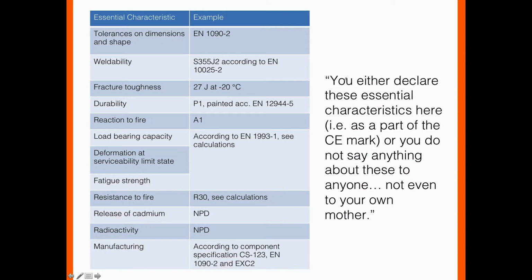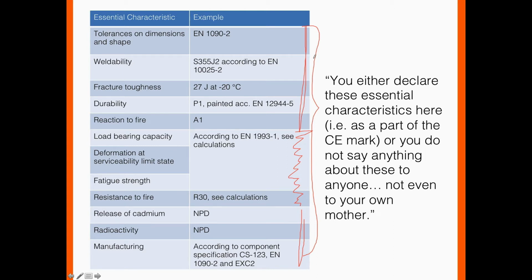Here we have the structural steel products' essential characteristics as defined in the harmonised standard EN 1090 Annex ZA: tolerances on dimensions and shape, weldability, fracture toughness, durability, reaction to fire, load-bearing capacity, deformation at serviceability limit state, fatigue strength, resistance to fire, release of cadmium, radioactivity, manufacturing. If you remember, some of these characteristics are related to the manufacturing, and some are related to the structural design.